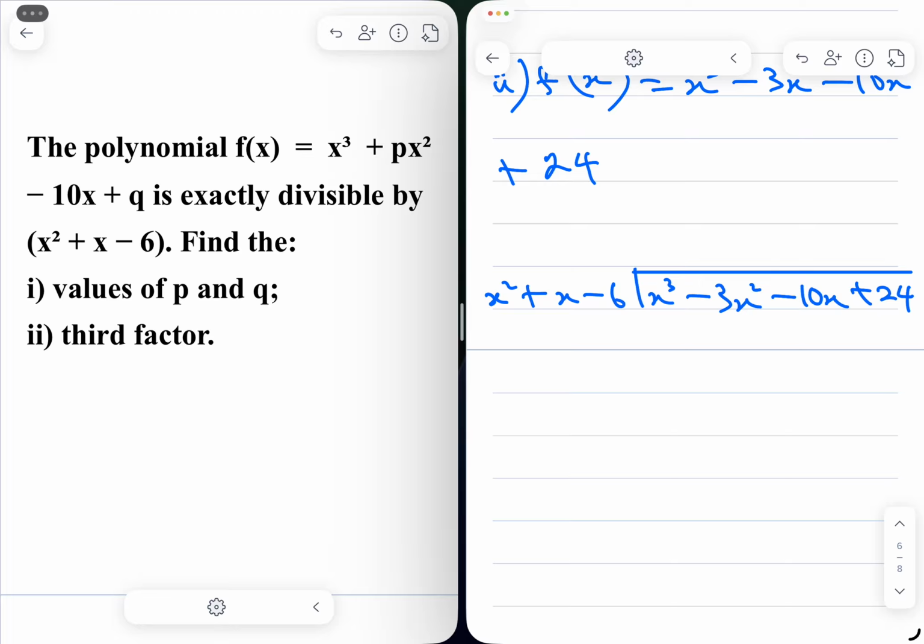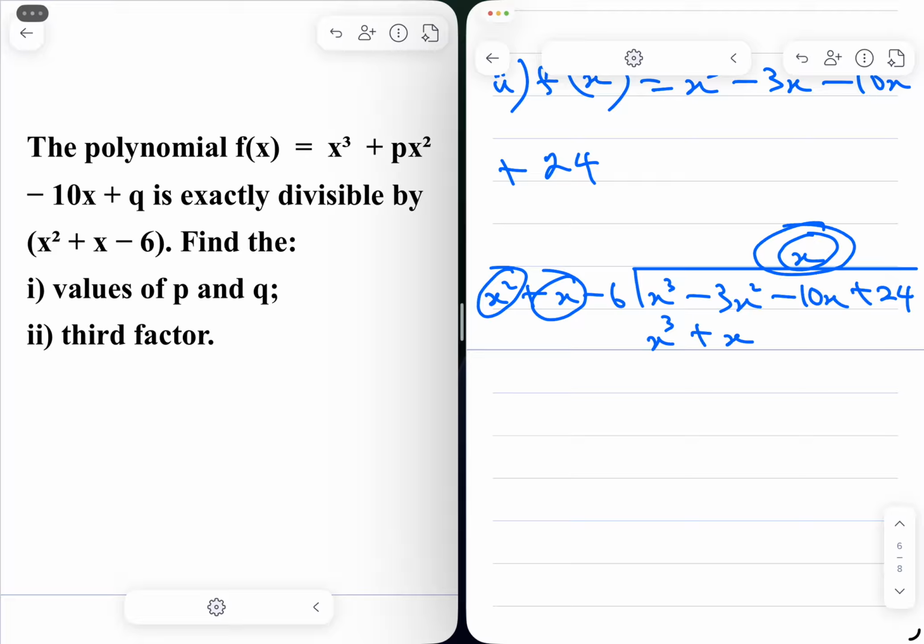X cubed divided by x squared is x. Now we multiply the whole of this by that x. So there we go, x squared times x, that's x cubed. X times x, that's x squared.